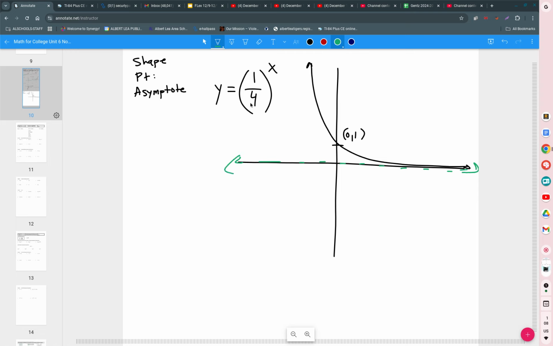Okay, about that basis? All right, I want you to move over to the right. The next one, 10 to the x minus 3. Try to see if you can sketch 10 to the x minus 3.